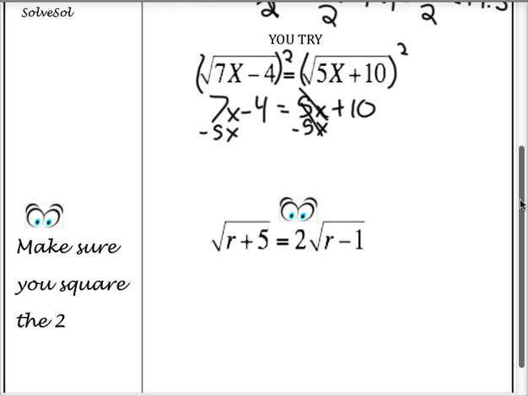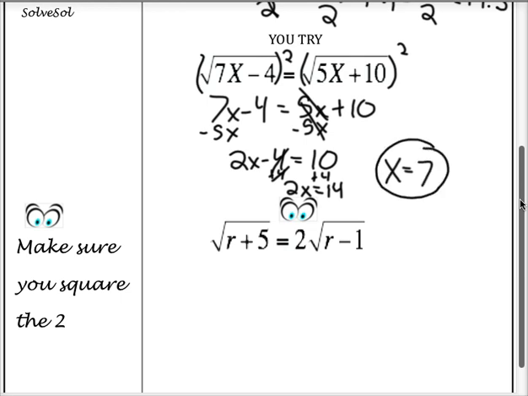So I'm going to subtract 5x from both sides. So 2x minus 4 equals 10. I'm going to add 4 to both sides. So 2x equals 14. When I divide both sides of my equation by 2, that's going to give me x equals 7. And that's going to represent the end of my problem.